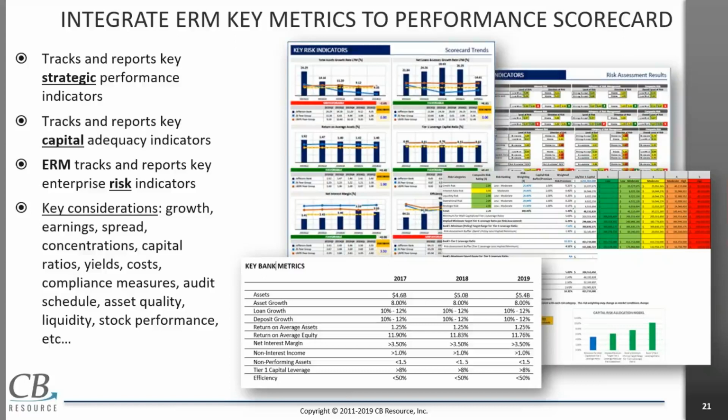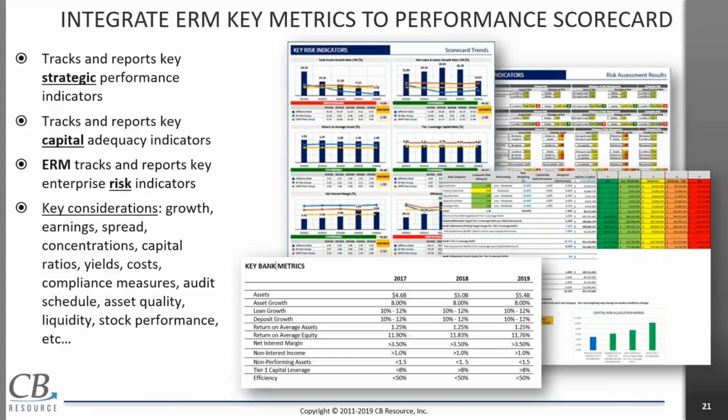You've already got the KPIs and the KRIs in your ERM system. How about just tweaking them to integrate it into a performance scorecard that supports your strategic planning process, or tracks and reports your capital adequacy, and basically ties in to your ERM control system.